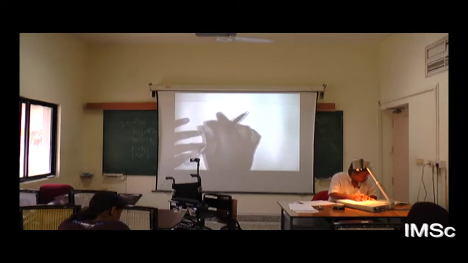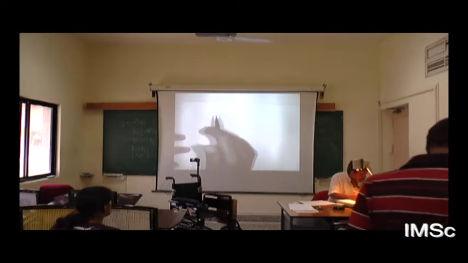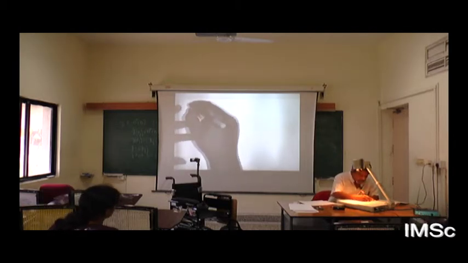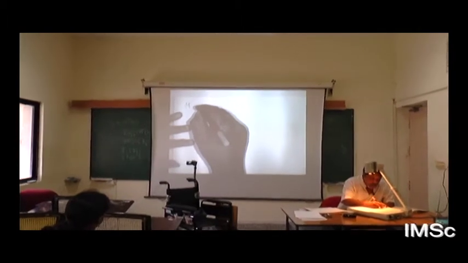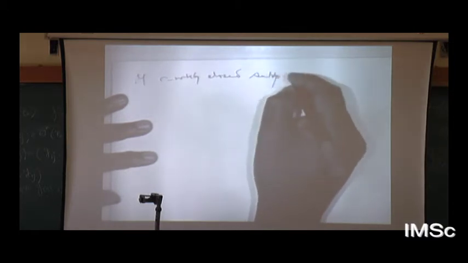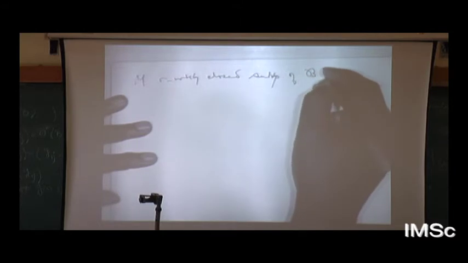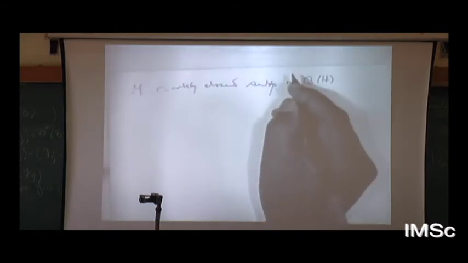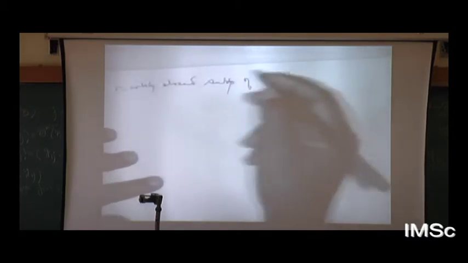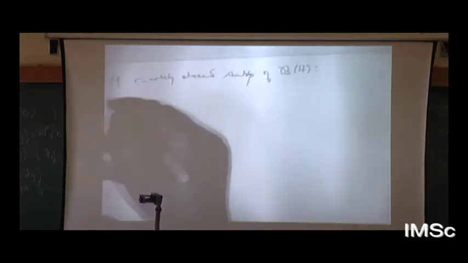So let's get on to the next theorem. What we've really proved is that if M is a sigma weakly closed subspace of B of H, then let's write the following notation.